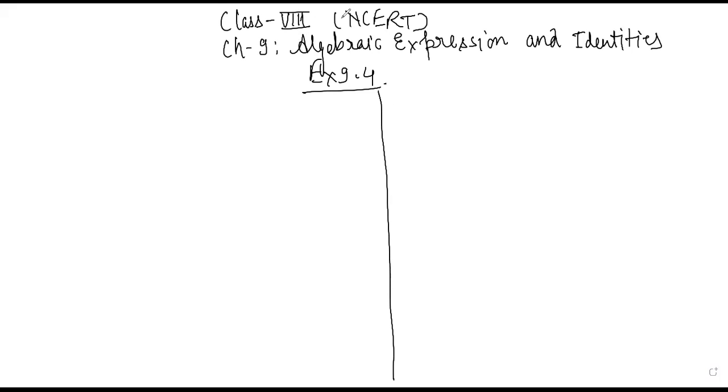Such types of multiplication of polynomials we have already discussed. Now we will try to discuss multiplication of binomials by trinomials, as well as trinomials by trinomials. So let us start exercise 9.4.